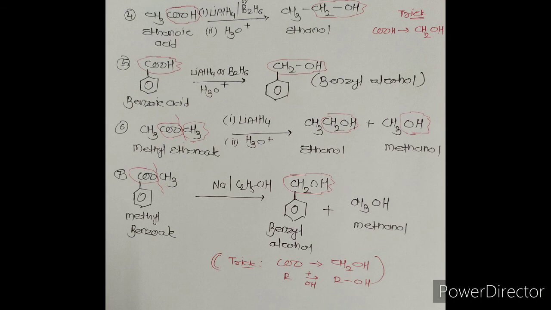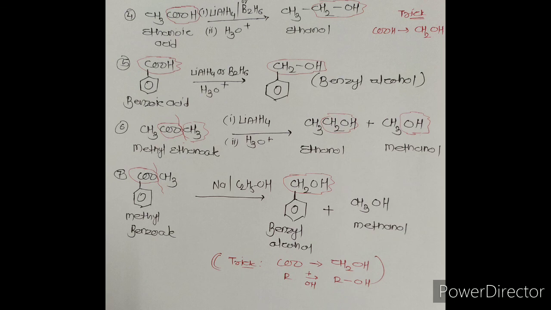Fifth reaction: benzoic acid, a benzene ring containing COOH. The reaction takes place in the presence of a reducing agent like LiAlH4 or B2H6 followed by H3O+, or acidic hydrolysis, and is converted into benzyl alcohol. Once again, instead of the COOH group, you put CH2OH.